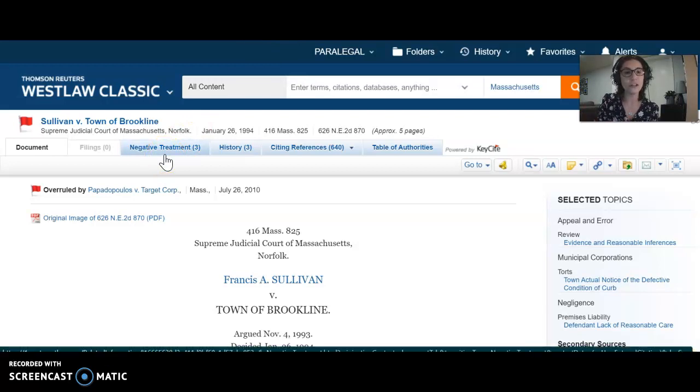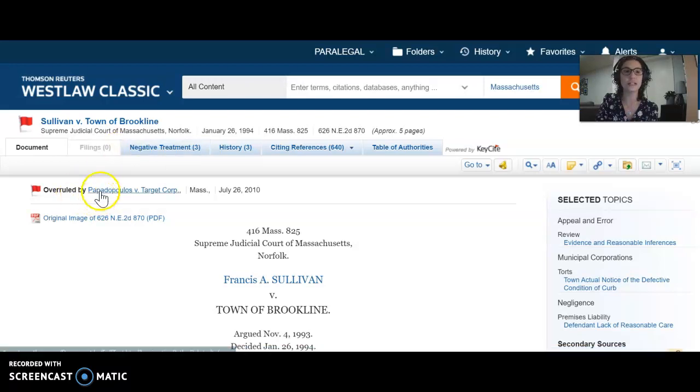On Westlaw, you can click on negative treatment, or if you just want to look at that one case, or sometimes it's a statute that overrules the Sullivan case, you can click right here because Westlaw will tell you which is the negative case. Both of these will take you to Papadopoulos.